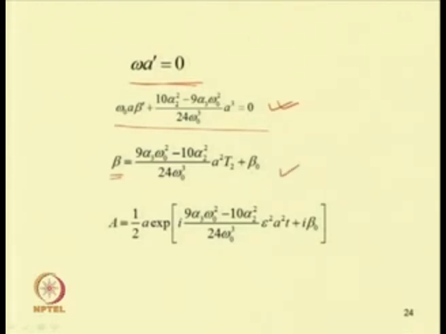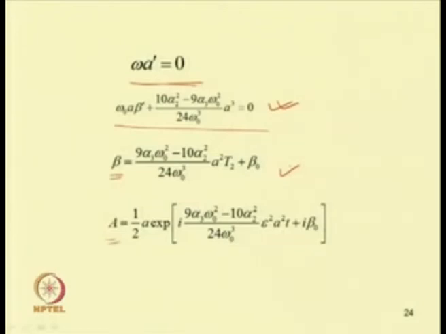And as omega a dash equal to 0, we can write this a dash equal to 0, or a is a constant. So, we can write this capital A equal to half a e to the power i, this term (9 alpha 3 omega 0 square minus 10 alpha 2 square) by 24 omega 0 cube a epsilon square.